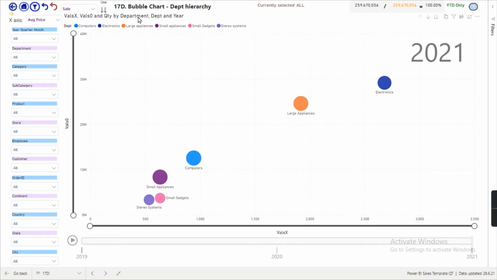So we are looking at departments. The biggest higher department is electronics, you remember? And we saw the history of 3 years, 19, 20, and 21. And we can see that it's going down, so it's losing sales, and it's going first right, then left.